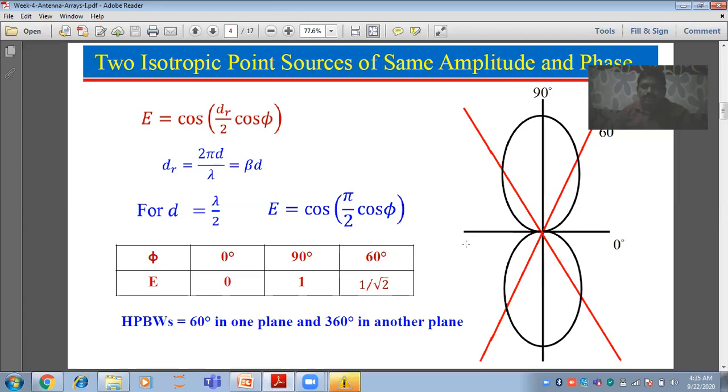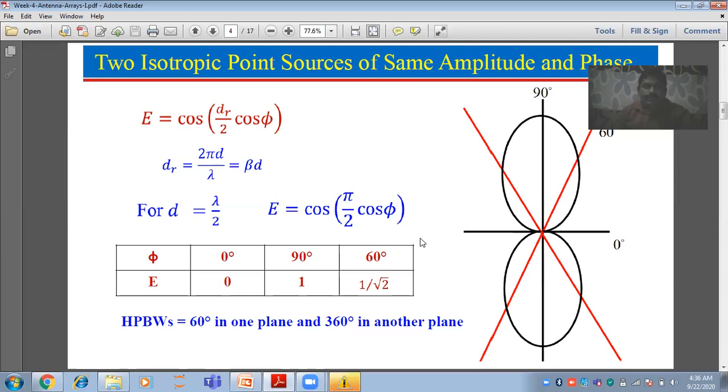So both are I amperes, and those are maintaining the same phase. There is no phase difference between these two currents. So that is case 1. That means they have the same amplitude and the same phase, so they have the same polarity.